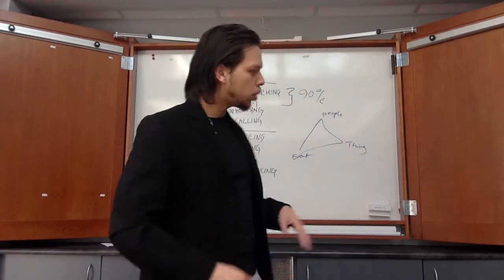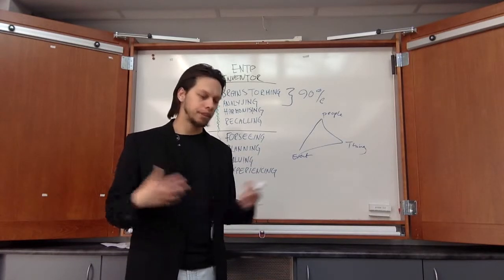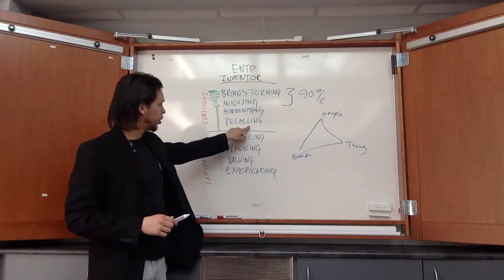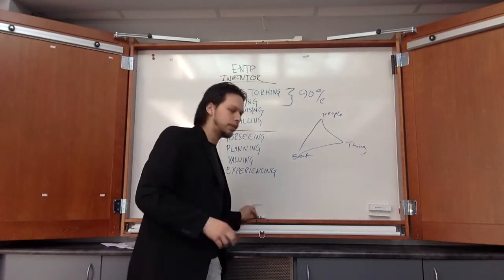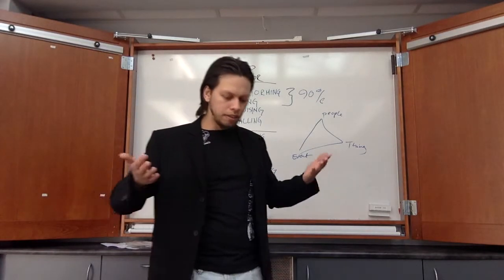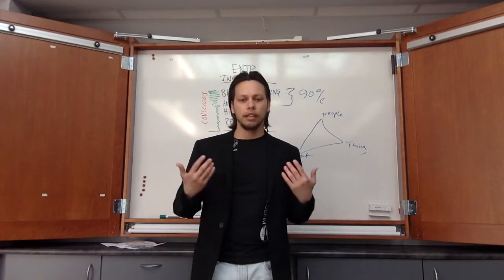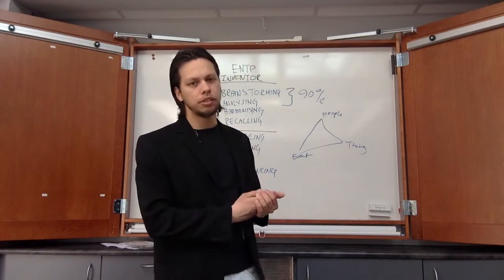Once an ENTP becomes more developed and grows older, they start accessing recalling more. Once they start accessing it, it brings a stabilizing function to the ENTP, and recalling relies on past experiences.